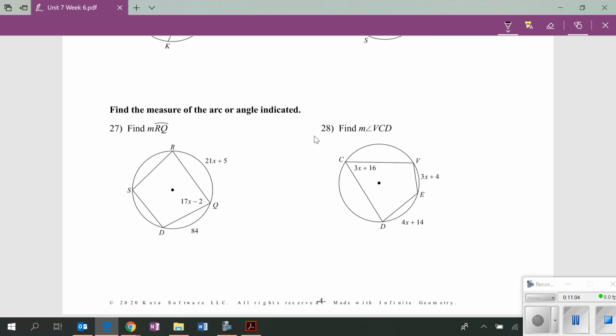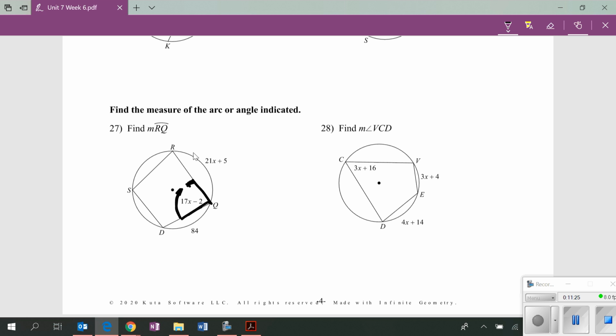Finding the measure of the arc or indicated angle. So let's do one of these. Here my 17x minus 2 is in this angle right here. And I'm going to have to end up finding the measure of RQ here.